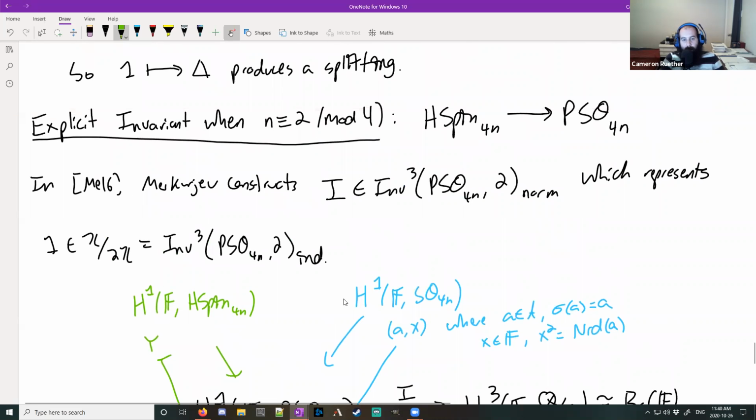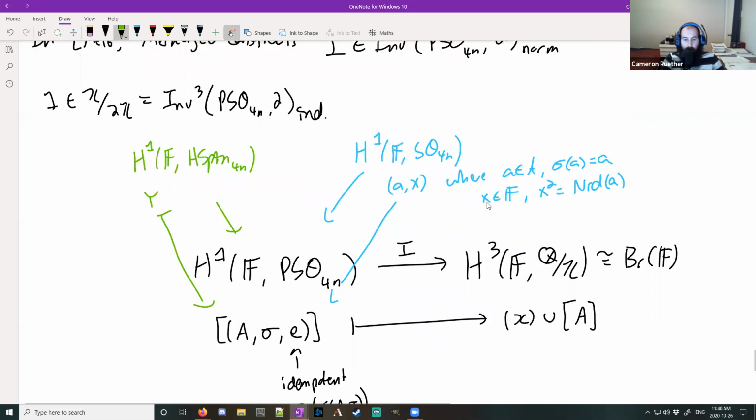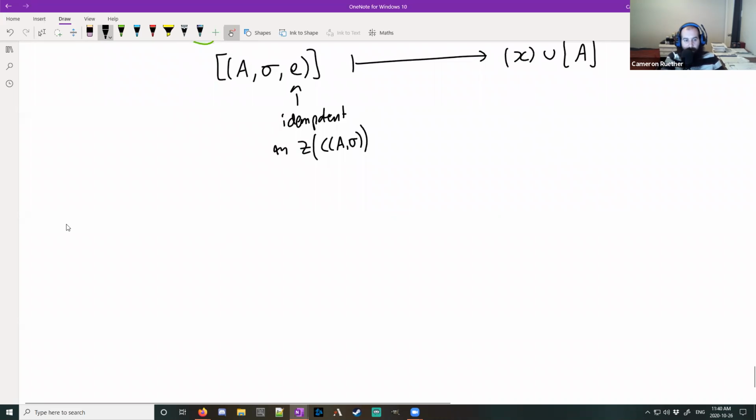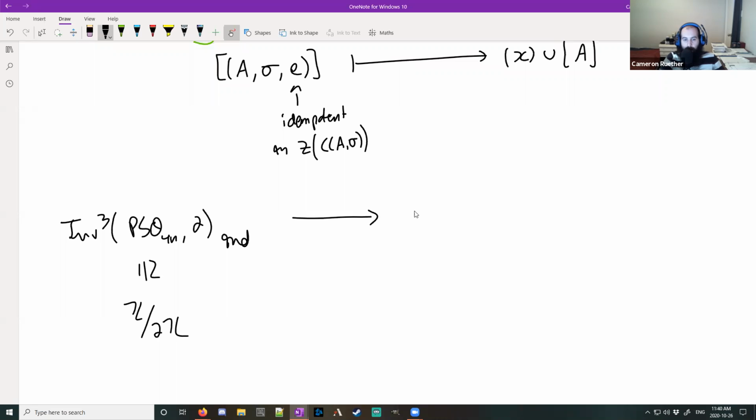Now, I restrict it to the case when n is congruent to 2. This works for any n, actually. But in the case when n is congruent to 2, if we look at the groups of indecomposable invariants, decomposable, which we know is Z mod 2, there's a pullback just from the normal surjection.